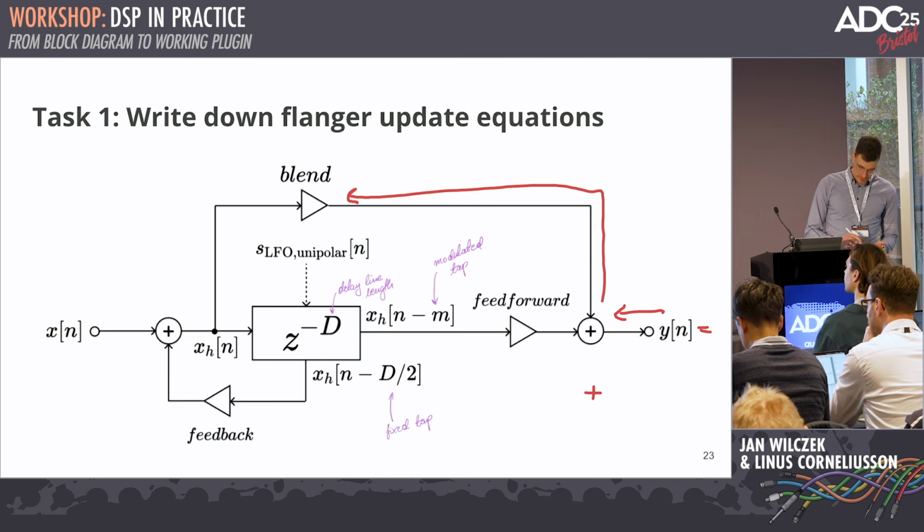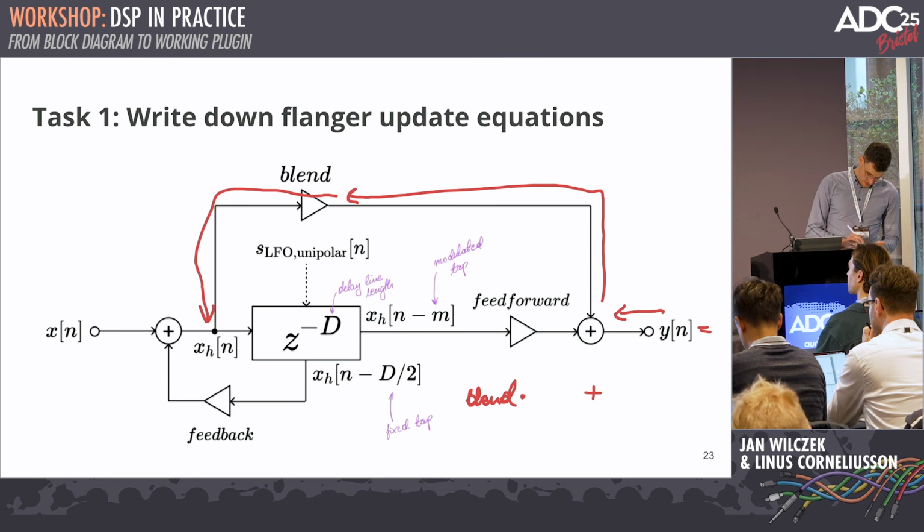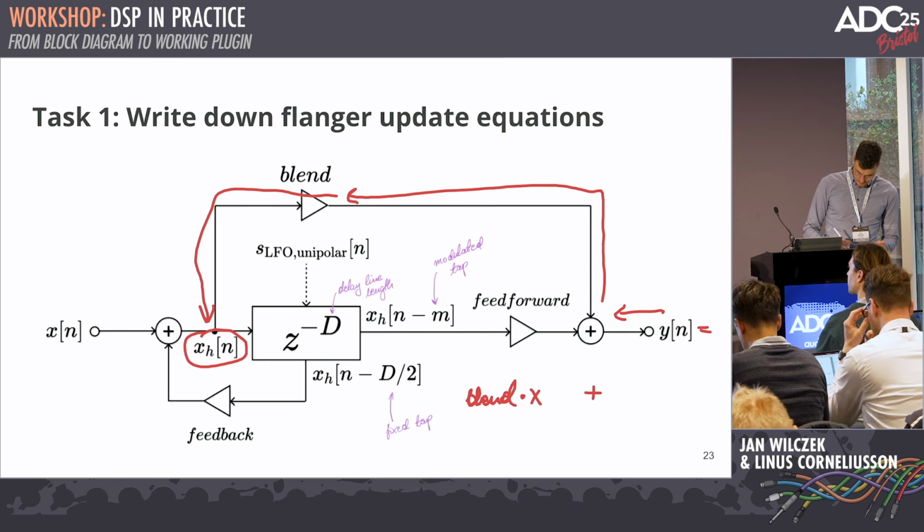okay, and we meet multiplication, right? So one of the summands will be the blend coefficient times, this is multiplication. And then we go back and we see xh of n. Okay?